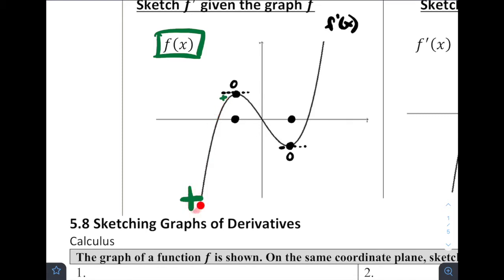That very positive slope is getting smaller and smaller until it hits 0. And so I'm going to represent that with decreasing sized plus signs. It's very positive, still positive, but getting smaller until it gets to 0.